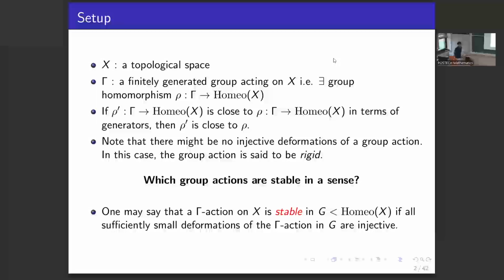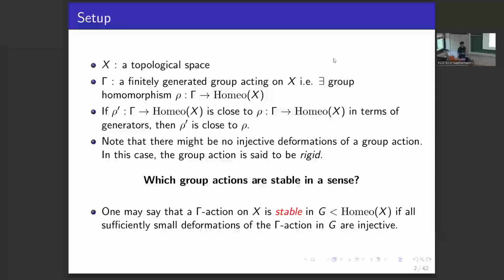In many senses you can talk about stability, but here stability means that if you perturb the gamma action a little, then you obtain some representation, and all such representations are injective. Then we say that the gamma action on X is stable.